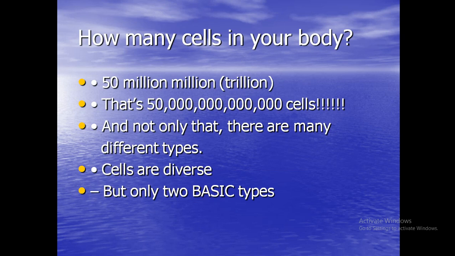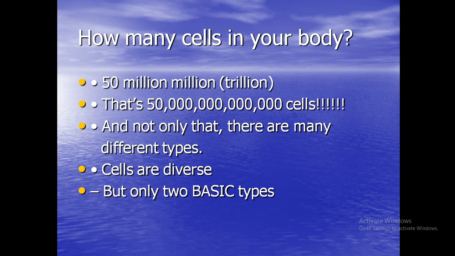Suppose a person weighing 50 kg may have a smaller number of cells, and a person weighing 150 kg may have more cells. So it is not possible to say exactly how many cells are in a human body, because it changes from person to person. Not only for human beings, this is true for all organisms.